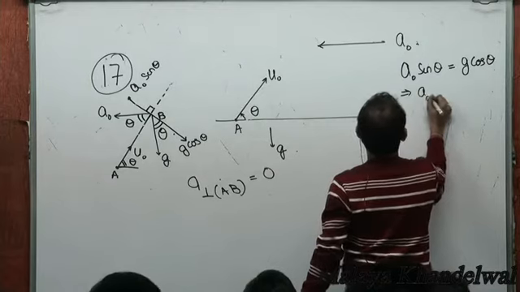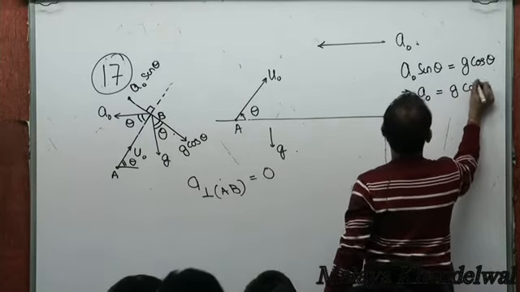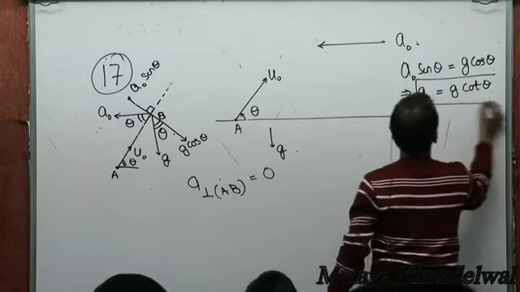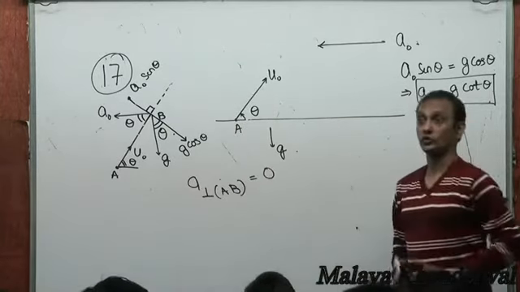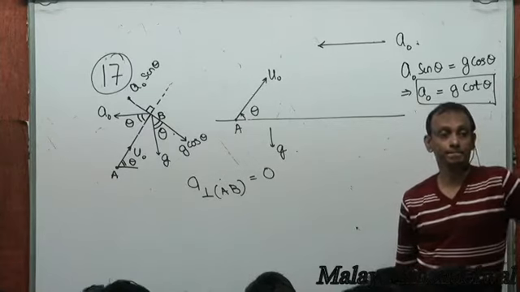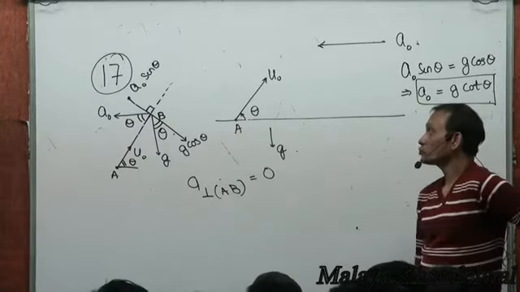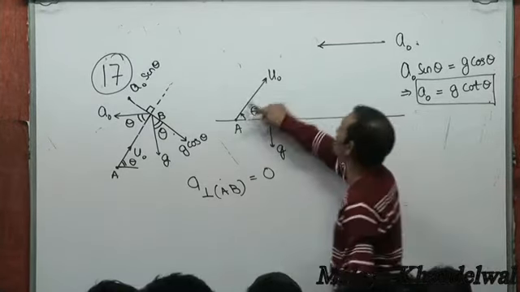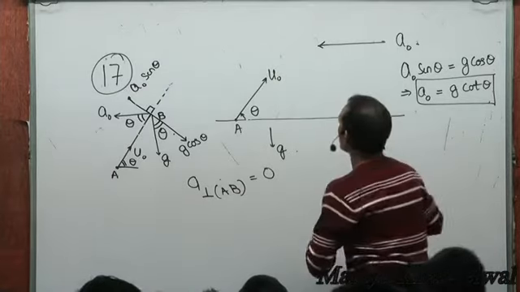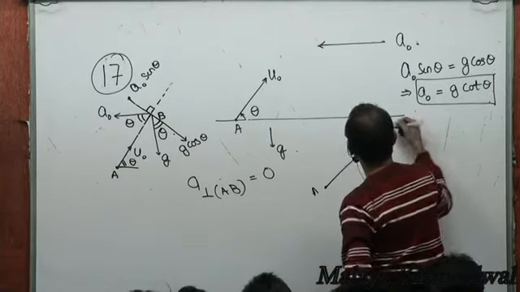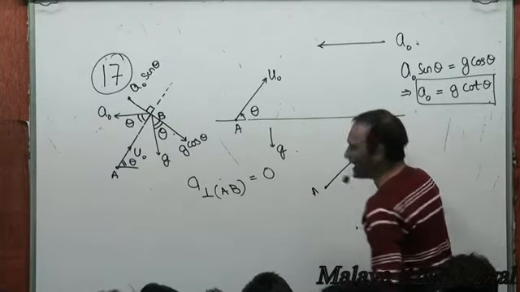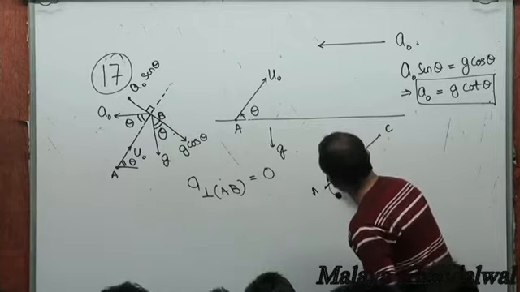So a naught must be g cot theta. Yes or no? So if a naught is g cot theta, the particle will move along a straight line. It will go from A to a point C. It will retard, its velocity will become 0, it's launched with a velocity u.